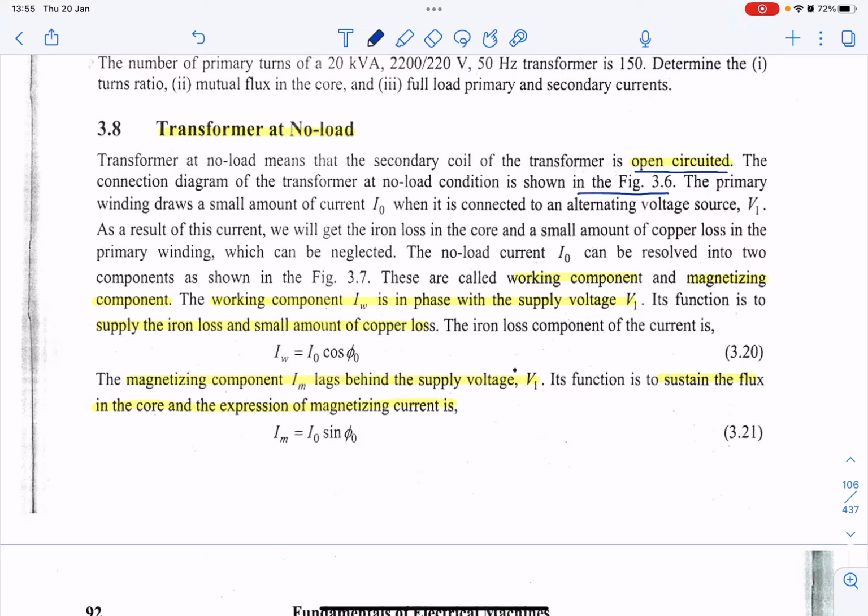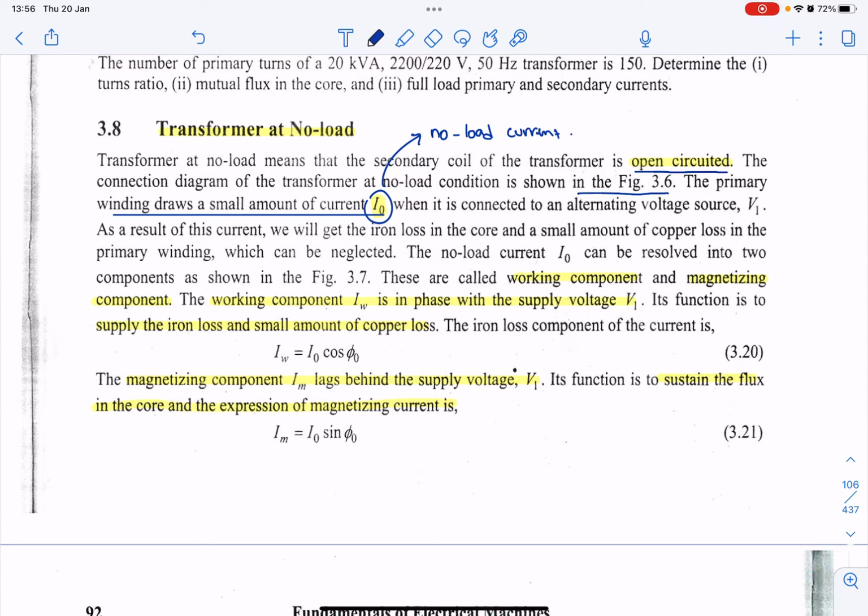The primary winding draws a small amount of current called I0. So during the open load condition, there is a small amount of current, called I0 current, or also called no load current, when it is connected to an alternating voltage source V1.